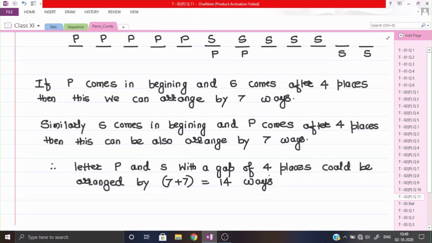Now P and S I am keeping, some places are vacant before and some more places are vacant after P and S. So how many places are remaining after that?